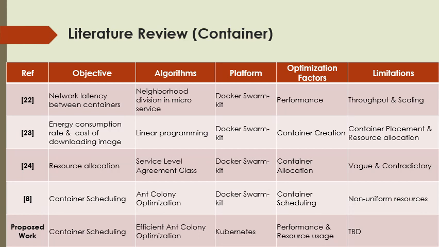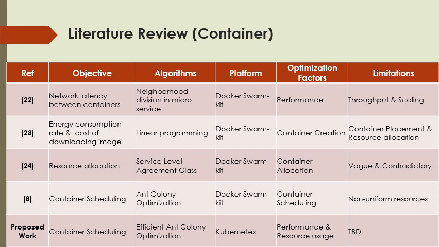In the next paper, the objective was to improve the resource allocation by defining service level agreement classes. The optimization factor was container allocation. The limitations were that some of the service level agreement classes defined were vague and contradictory. In the next paper, the objective was to improve the container scheduling using ant colony optimization algorithm for Docker Swarm, and the factor of optimization was container scheduling.